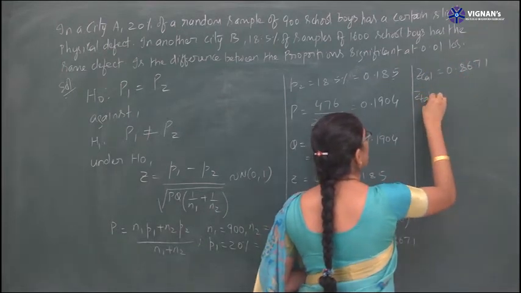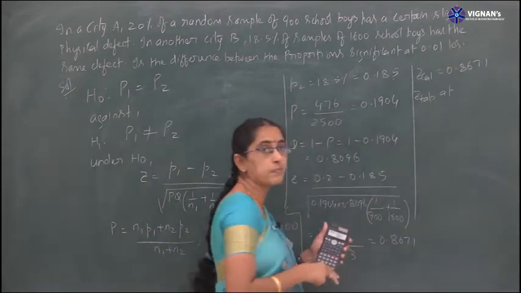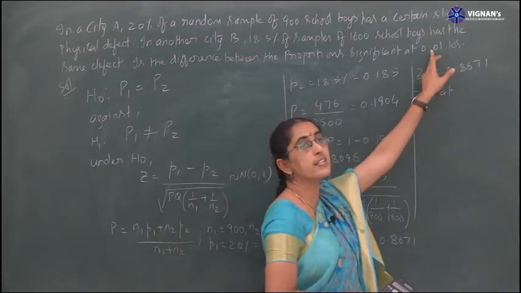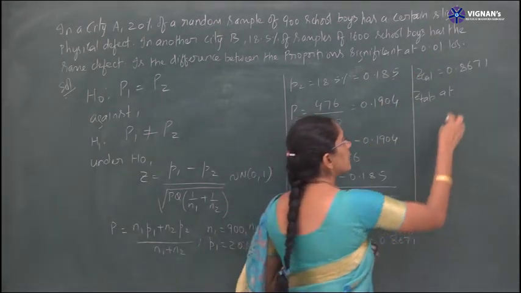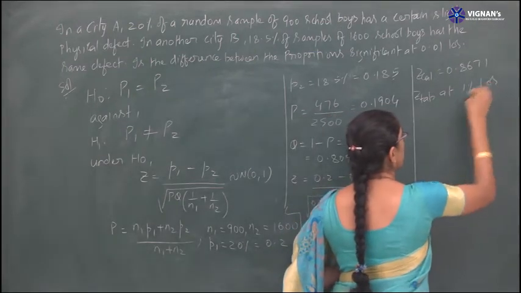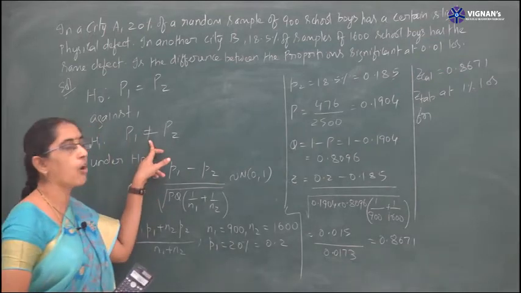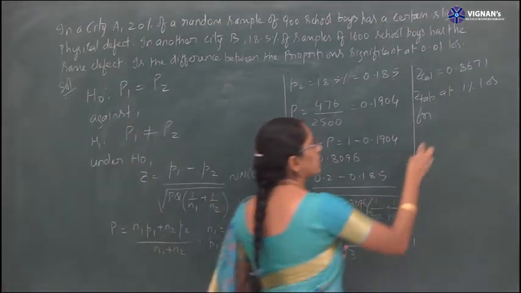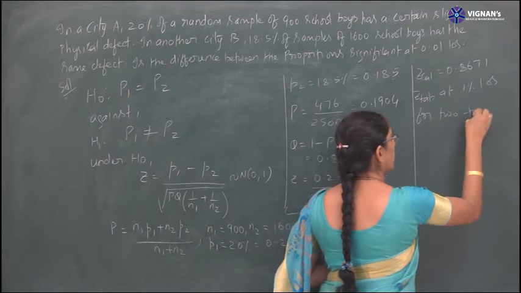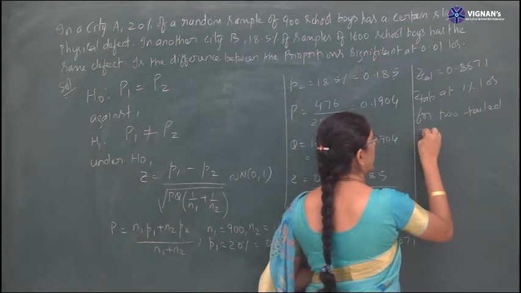Now for the tabulated value of Z at 1% level of significance, use 0.01 LOS. The alternative hypothesis is not equal to, which means two-tailed. So for two tails it is 2.58.